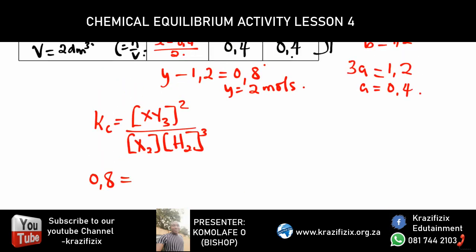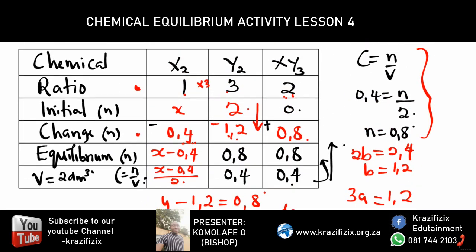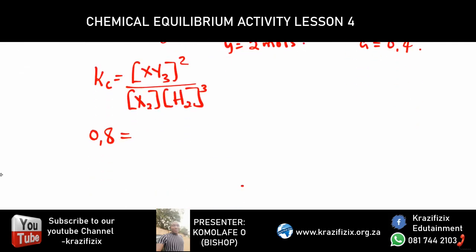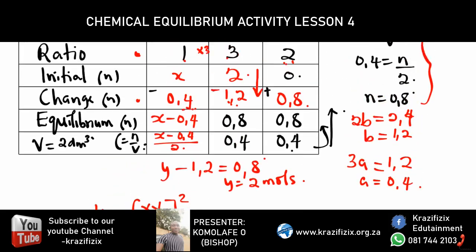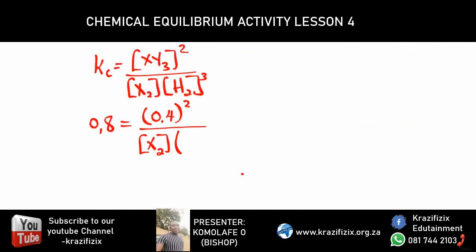What is XY3? Concentration is 0.4. All right. So this is what? 0.4 squared over, I do not know this, guys. I want to leave it like that. And what is the hydrogen? Hydrogen is also 0.4. It's the one with the cube.